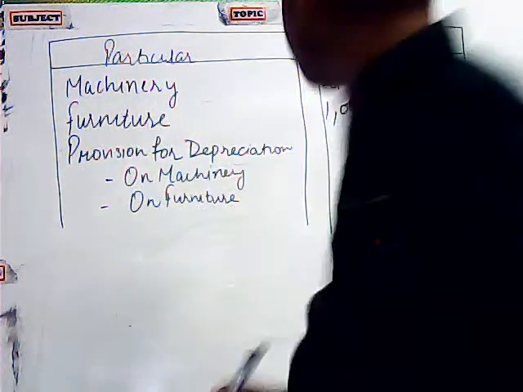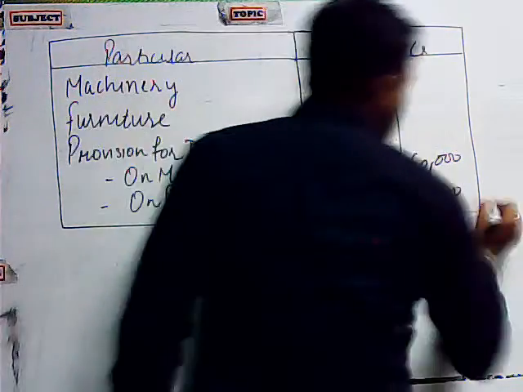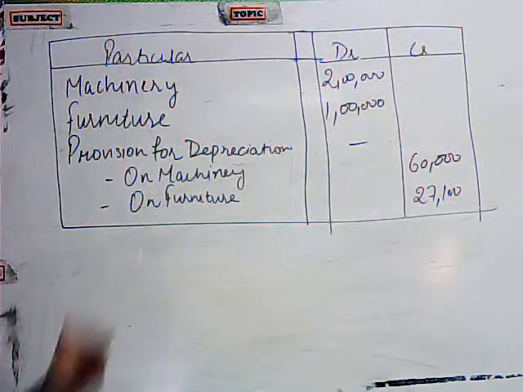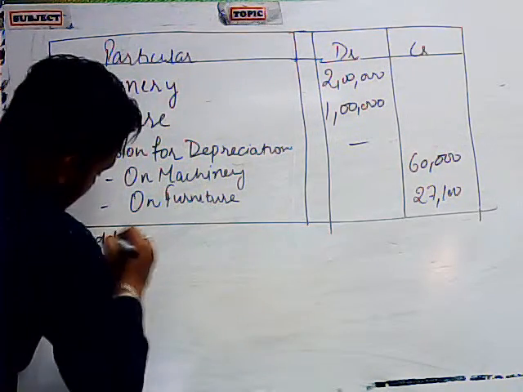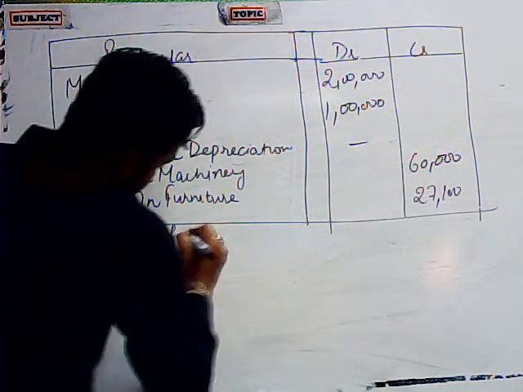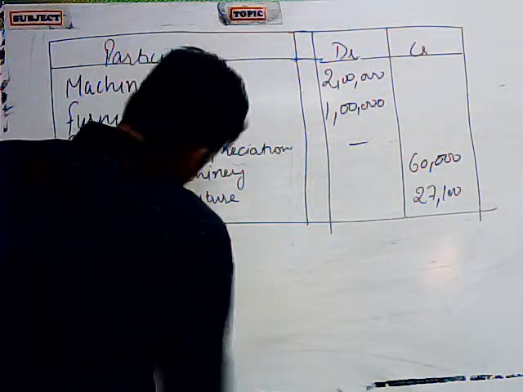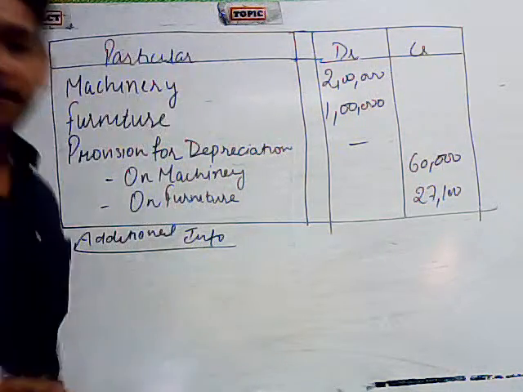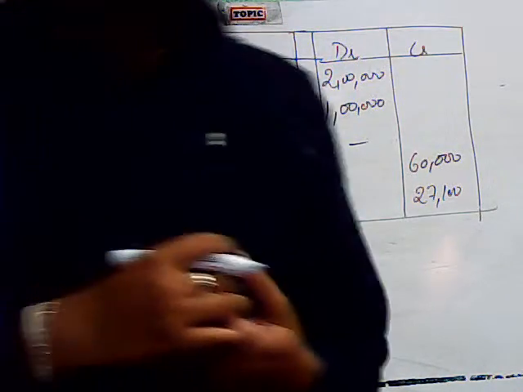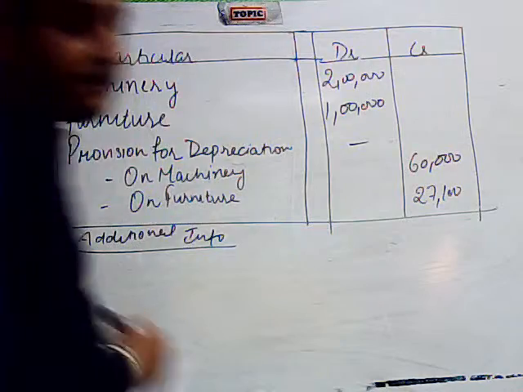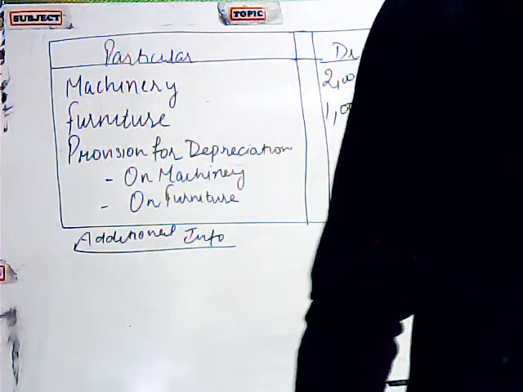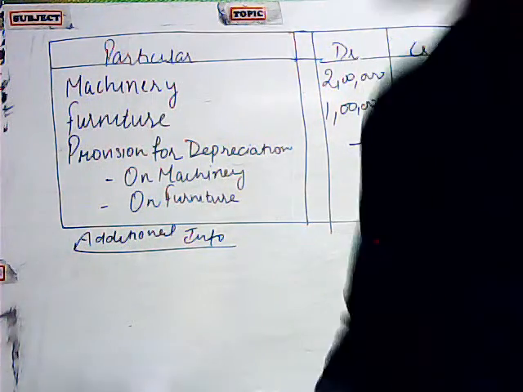Okay? Now, there is additional information that you have to charge the depreciation. Clear? Additional information is: charge depreciation on machinery at 10% on original cost method.